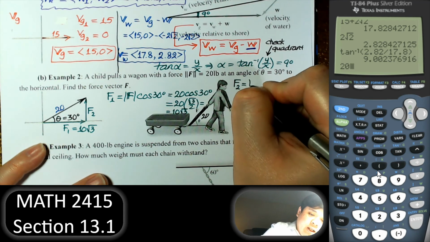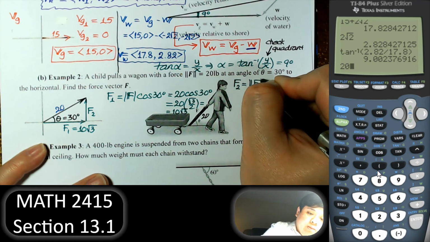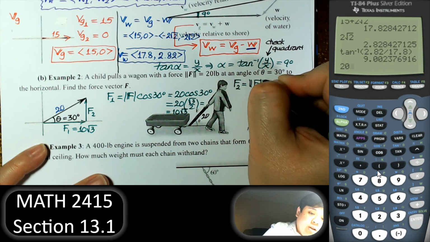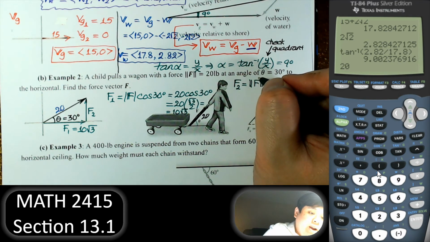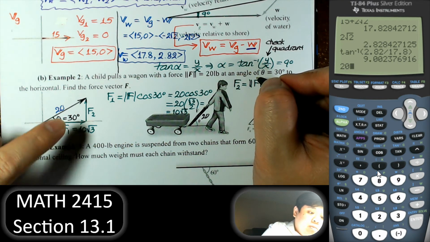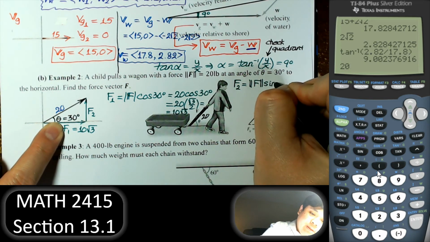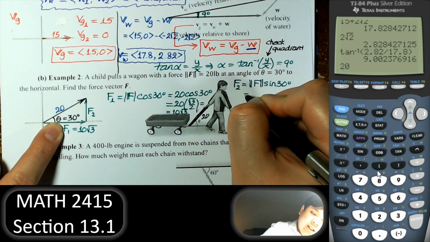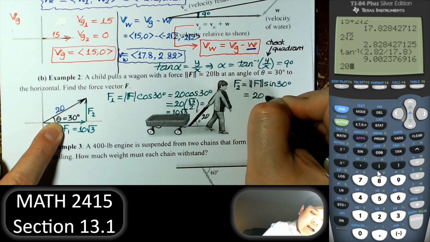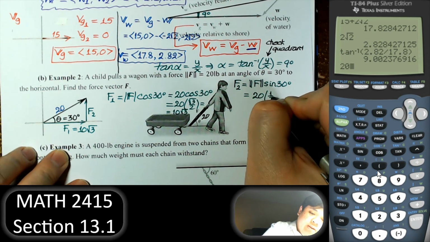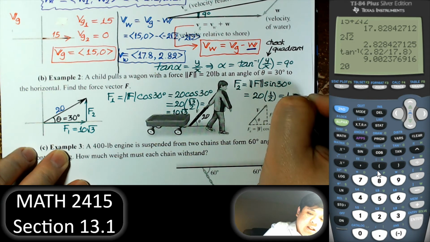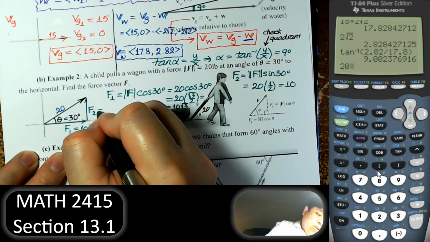Right, F2, the second component. Like I said, sometimes you use 1 bar or 2 bar, it doesn't really matter here. F2 is opposite to the angle, sine of 30. 20 times sine, which is 1/2, so it's going to be 10. So F2 is going to be 10.